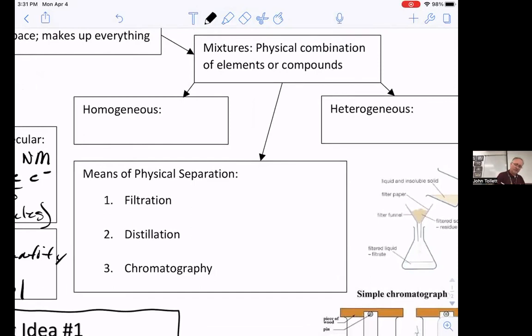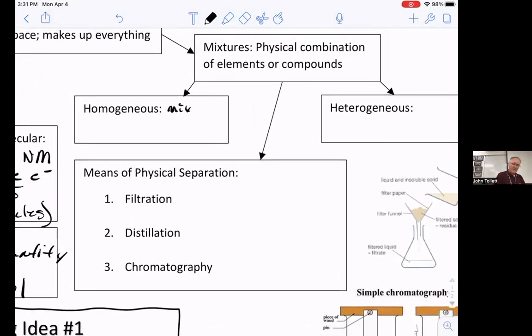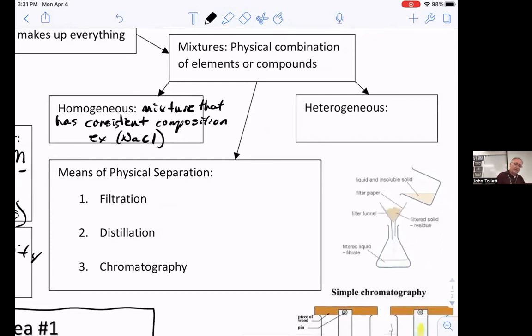Something that is homogeneous is a mixture that has consistent composition. An example would be NaCl. If I put NaCl in water, I would have a homogeneous mixture. It would be consistent all the way through. I wouldn't see parts in it, or it couldn't be separated.